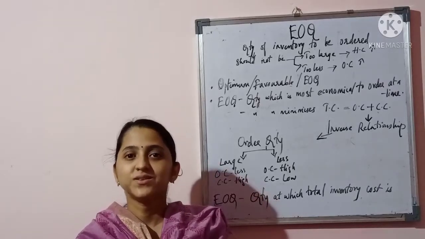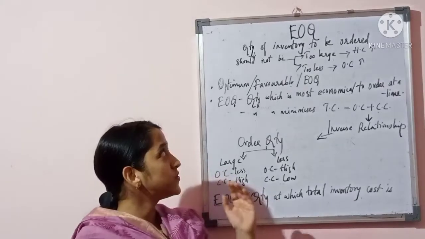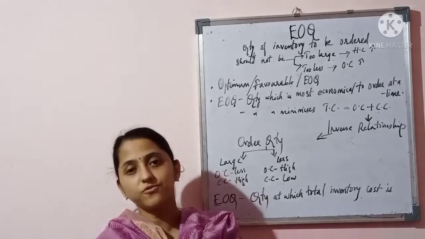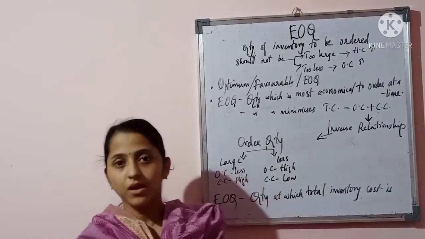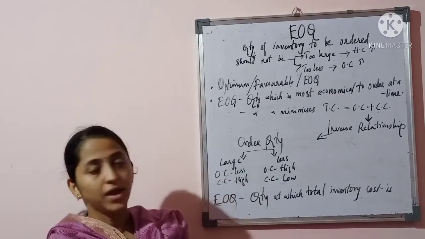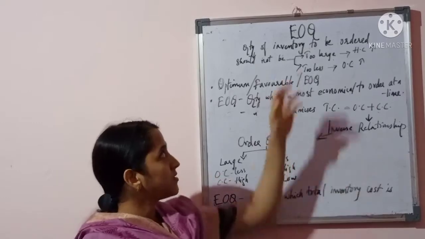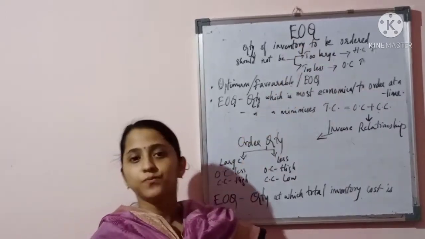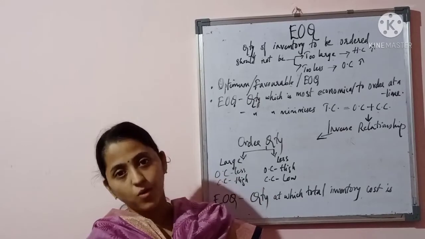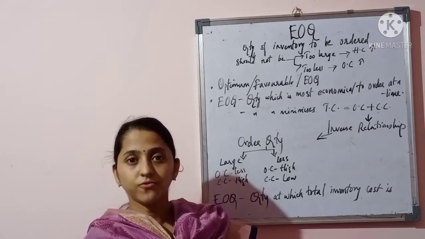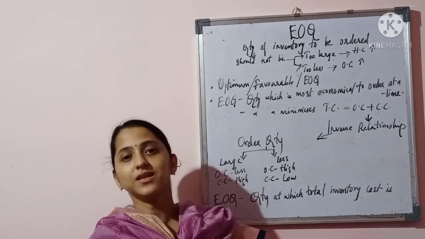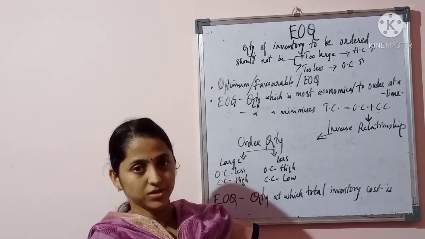Good morning. Today, let's move on to the various techniques of inventory management, and among them, we are going to discuss EOQ, that is Economic Order Quantity. It is one among the techniques of inventory management.